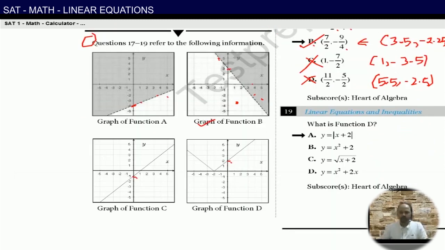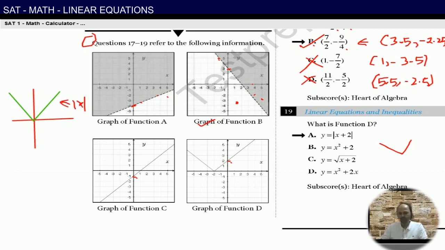Okay, let's come to question number 19. In question number 19, what is the function D? Whenever any function is V-shaped, first I would like to tell you the graph of modulus of x, or the absolute value of x. It would be like this.